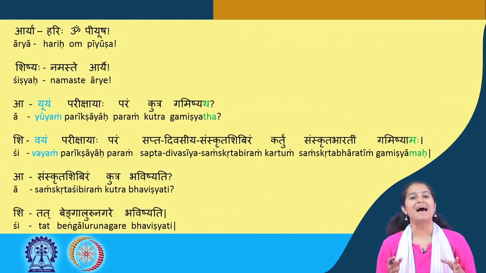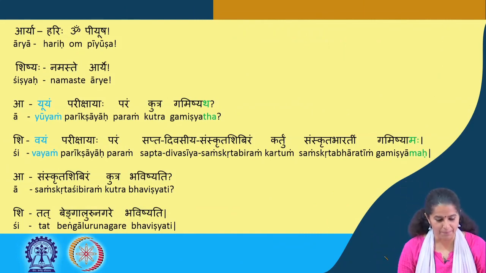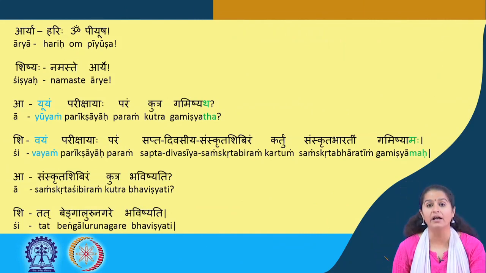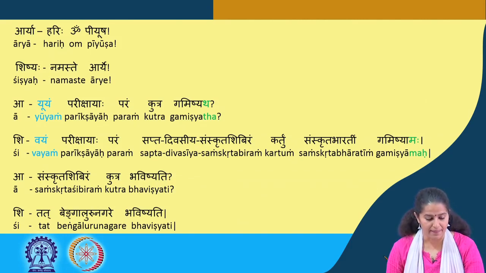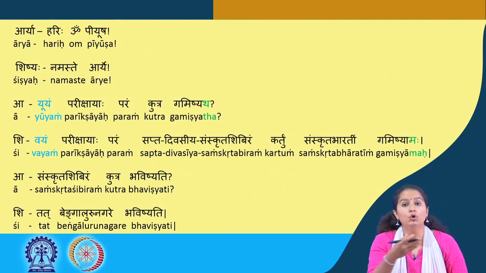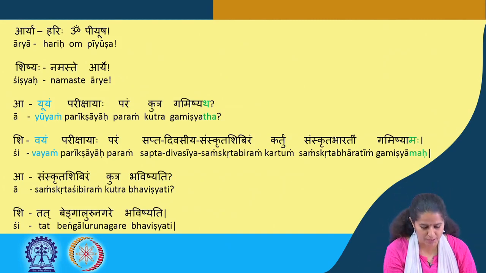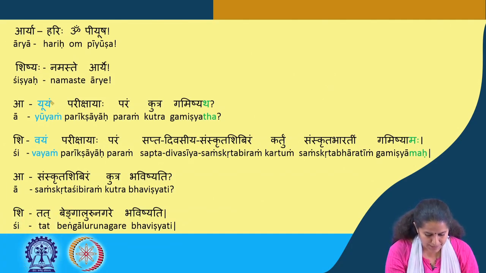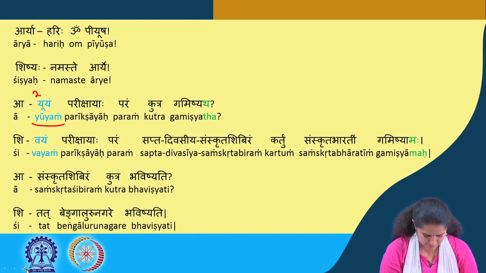Alright, so let's analyze this conversation. Here we have Arya: Hari Om Piyush, and then he says Namaste Arye, and then the question was Yuyam. Like we have been doing in the previous cases, we will indicate which person it is. It's the second person plural, and it's the first case.